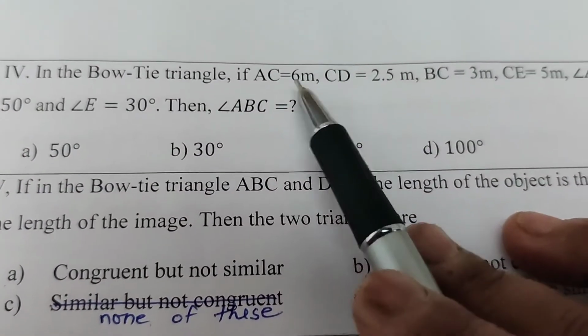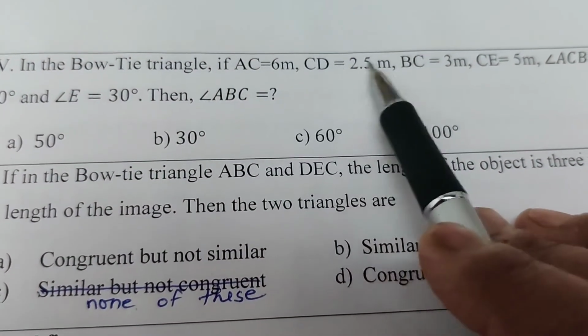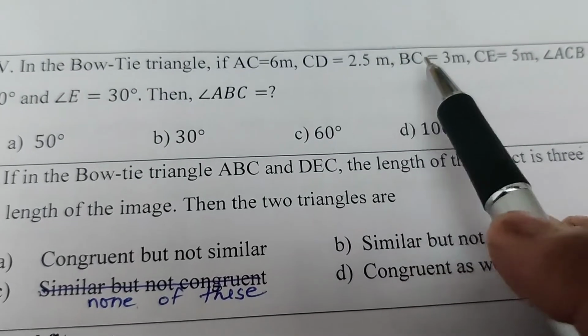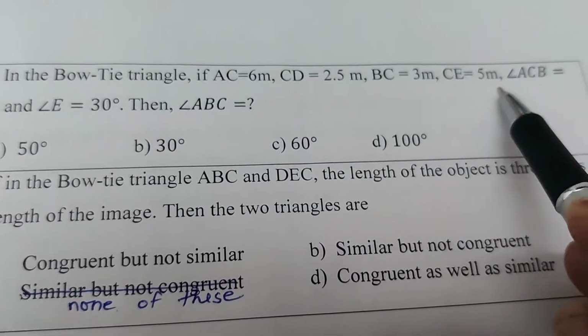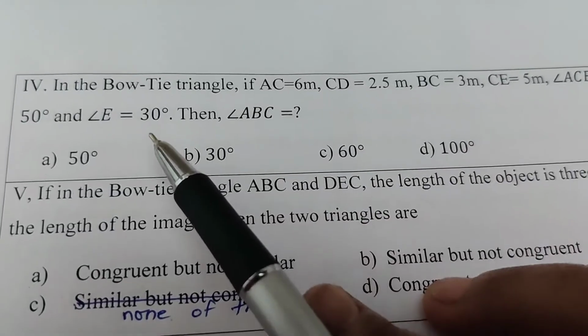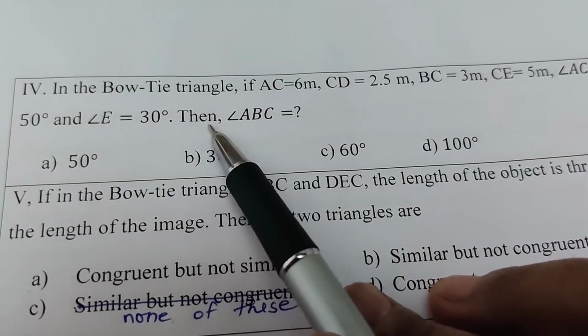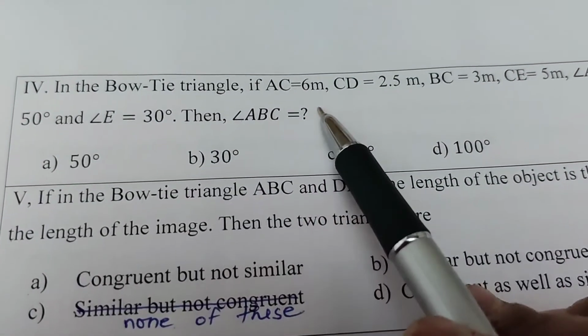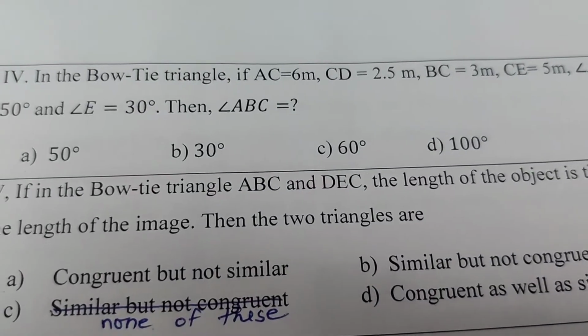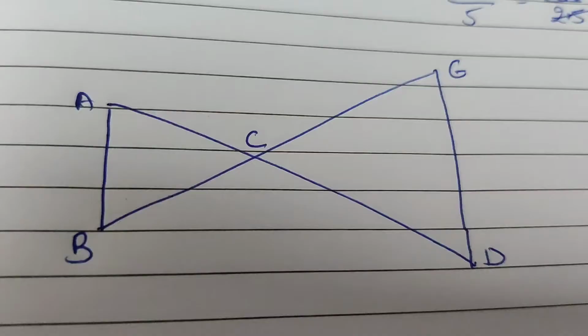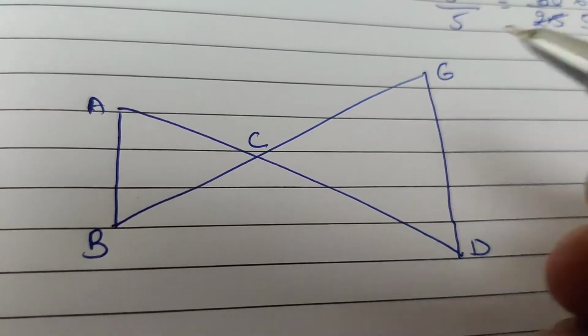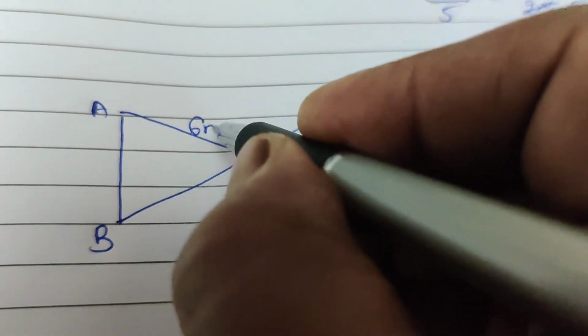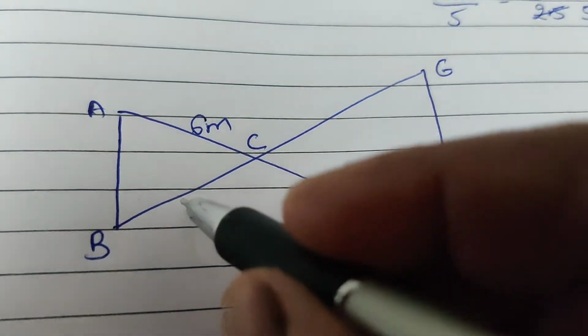In a bow tie triangle, if AC equal to 6 meter, CD equal to 2.5 meter, BC 3 meter, CE 5 meter, angle ACB equal to 50 degree and angle E 30 degree, then find angle ABC. Okay, now I will solve in the notebook. This is the figure. AC equal to 6 meter is given and BC equal to 3 meter.